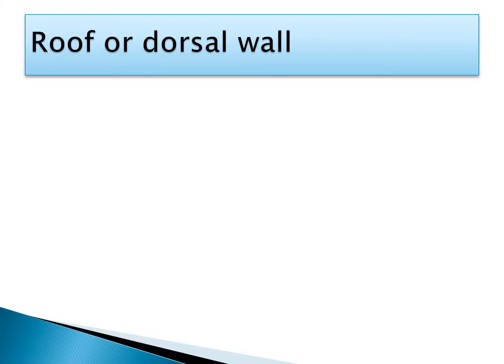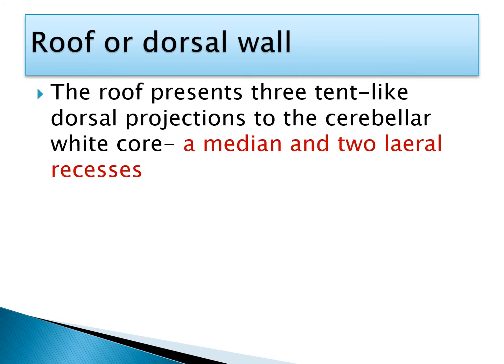Roof or dorsal wall. Before we see the roof, it contains projections into the cerebellum called the median and two lateral recesses. We will have many recesses in the fourth ventricle. Three recesses are present in the roof or dorsal wall which extend into the cerebellum: the median and two lateral recesses.